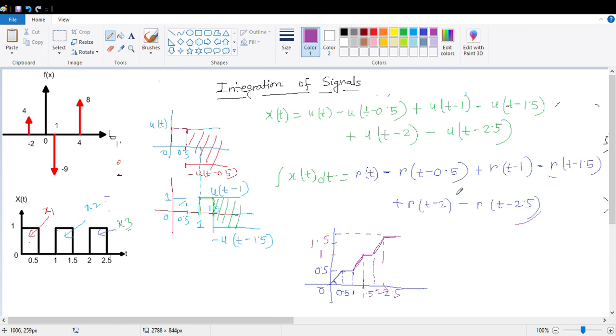In another video I will show a shortcut trick for this, by virtue of which, just by observing the signal, you can understand how the integrated signal will look. You will not need to write the equation for that. That I will show in the next video. Thank you.